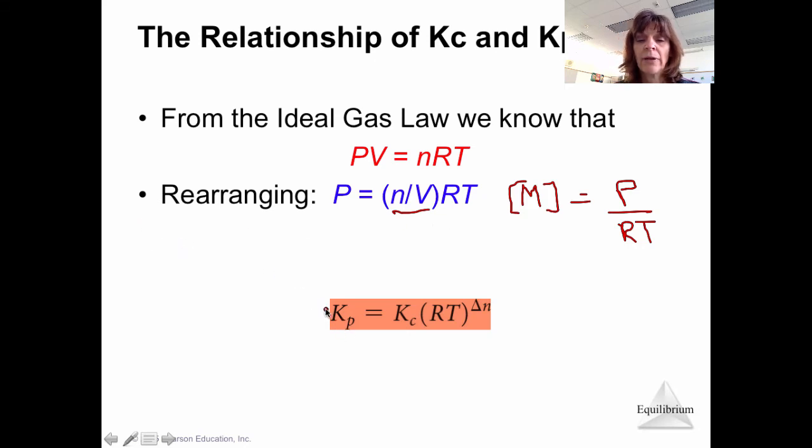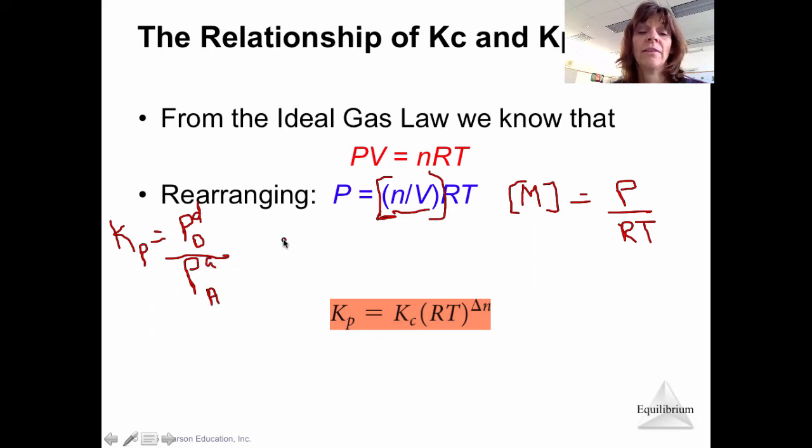So if we had the pressure equilibrium, it would be all of the concentrations that would make up a Kc times RT. So if this is a concentration right here, you take it times RT to replace the P. So let's say we had Kp equals pressure of D raised to the d over pressure of A raised to the a.